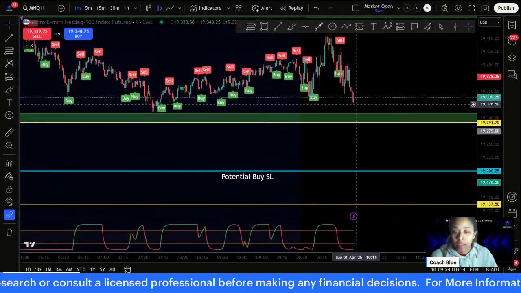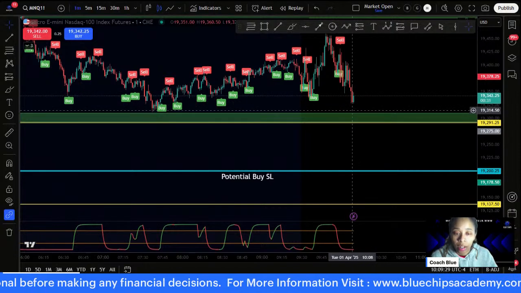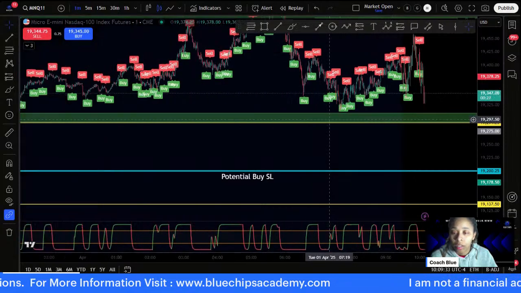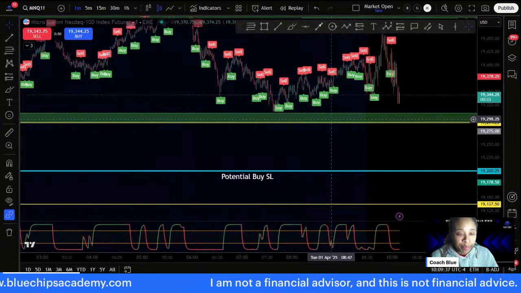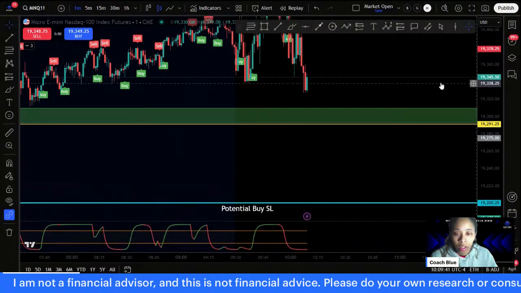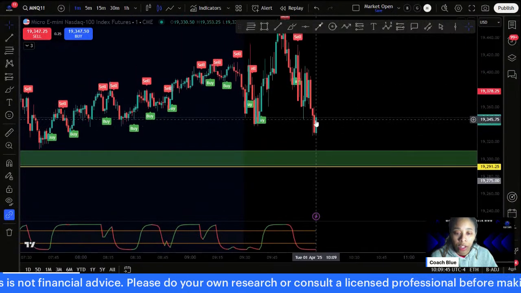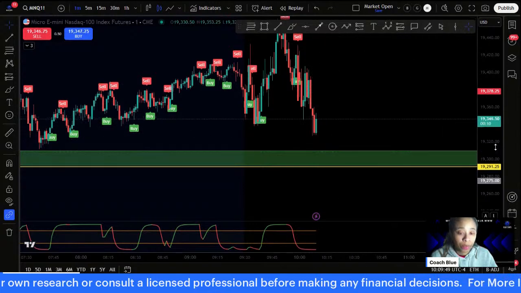We're getting a little bit of downward movement here. See how this candle closes right here. If it engulfs this candle, we might be trying to find some early support.